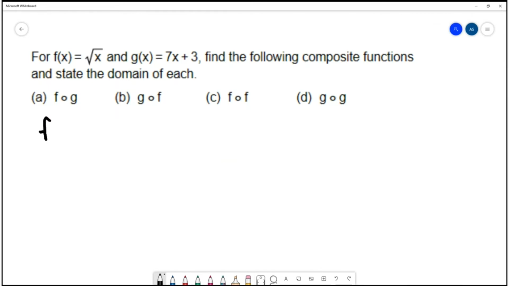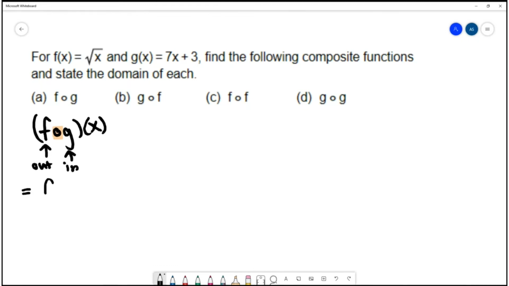So let's start with f composed with g of x. This operation of composition means substituting one function inside of the other function. The function before the composition symbol is our outside function, and the function after the composition symbol is our inside function.